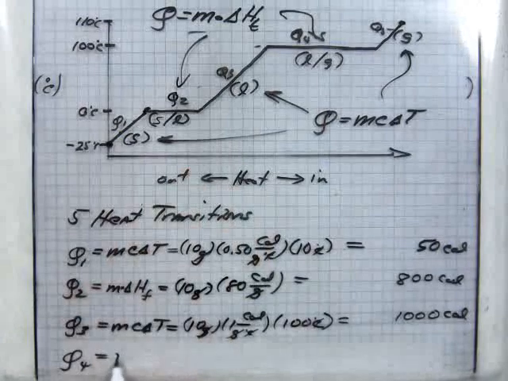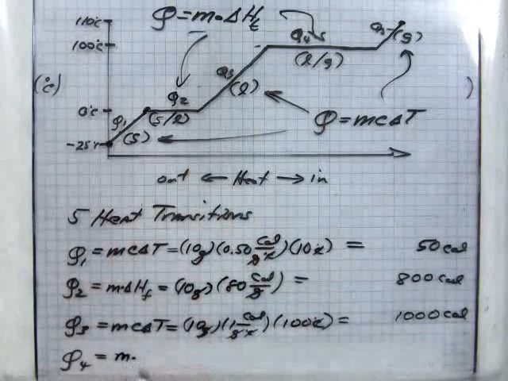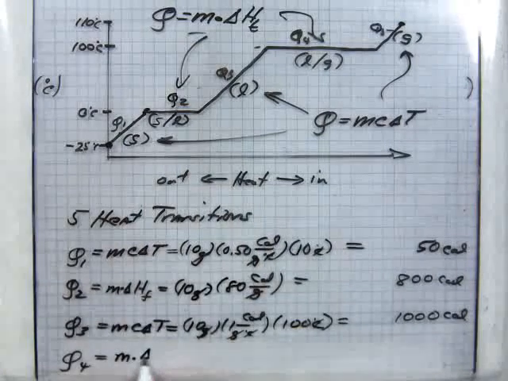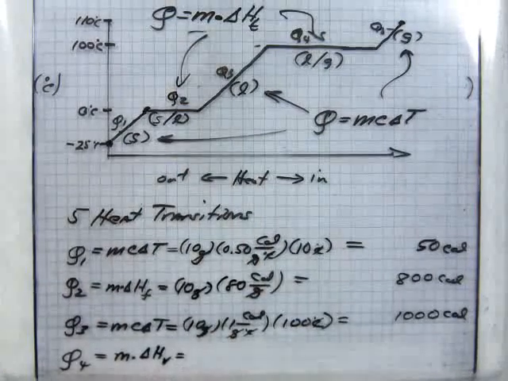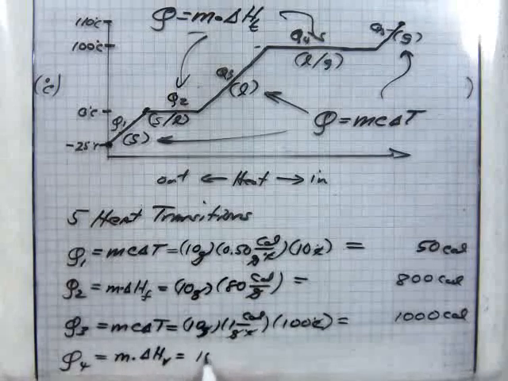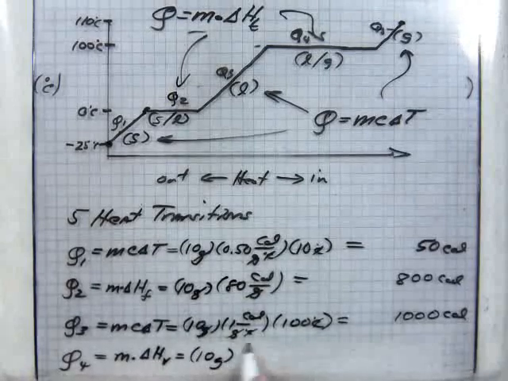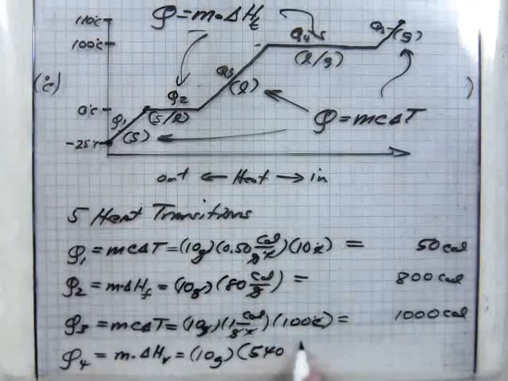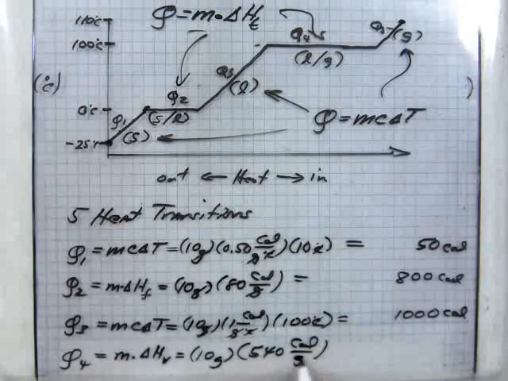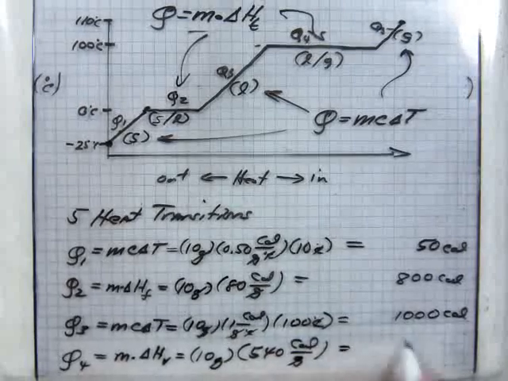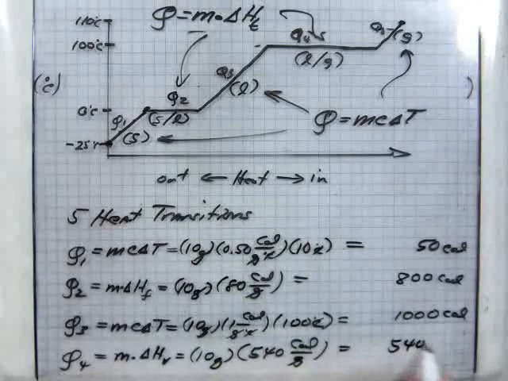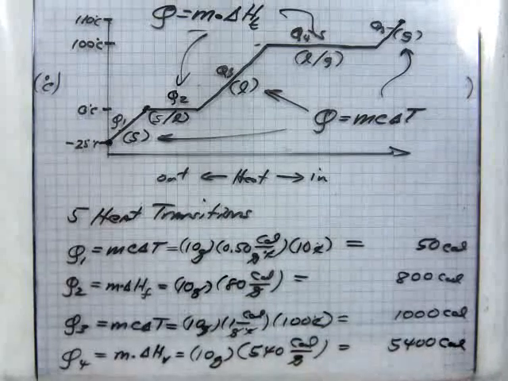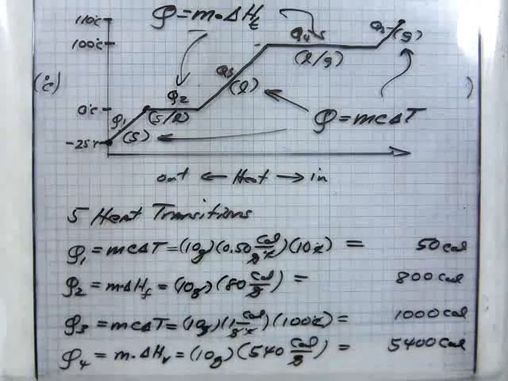And so that's 10 grams of water, and that would be a delta H vaporization number. And that's 540 calories per gram. So we have 10 grams times 540 calories per gram. Grams drop. And so that's 5,400 calories in that transition.